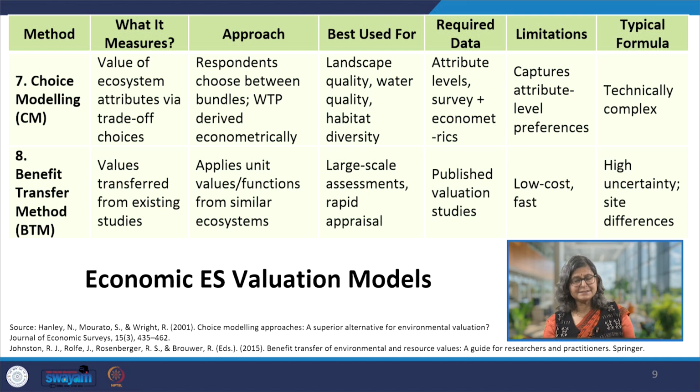The approach applies unit values or functions from similar ecosystems. It is best used for large-scale assessments and rapid appraisal. It requires published valuation study data. Limitation: it is low cost and fast, but not that reliable. It has high uncertainty, and site differences have to be taken into consideration.